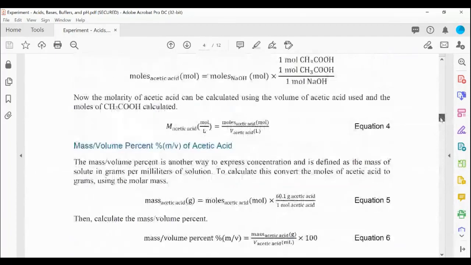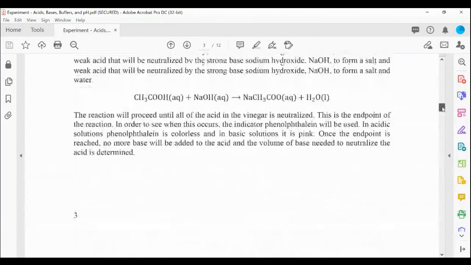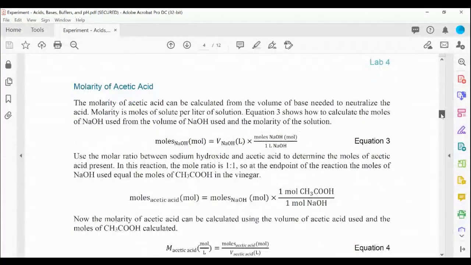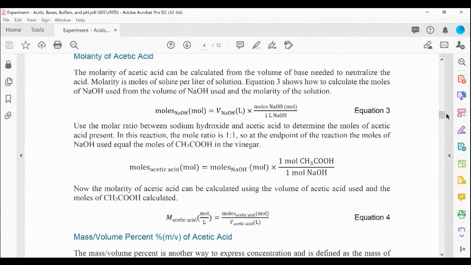Okay, just to complete this introduction, once we obtain the end point, you are going to calculate the molarity of acetic acid.